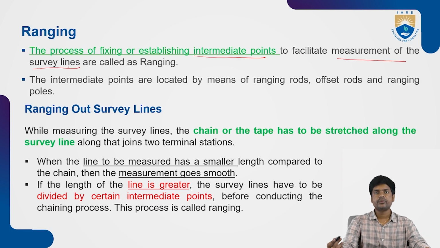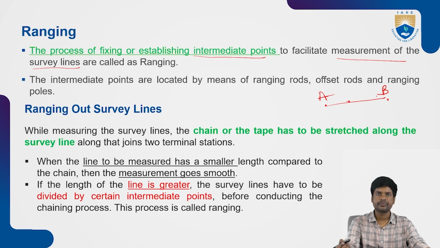When you want to measure the distance from point A to point B, the distance of the line AB may be very large, so we establish some intermediate points. This total process is called ranging.